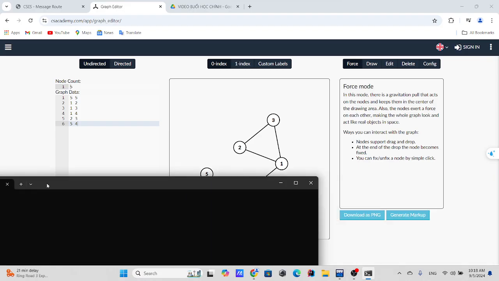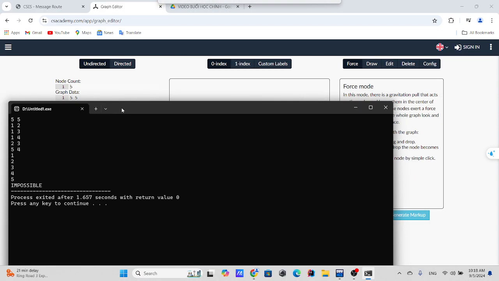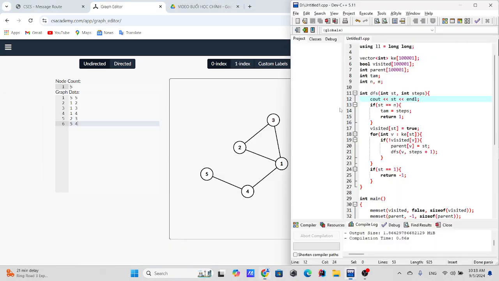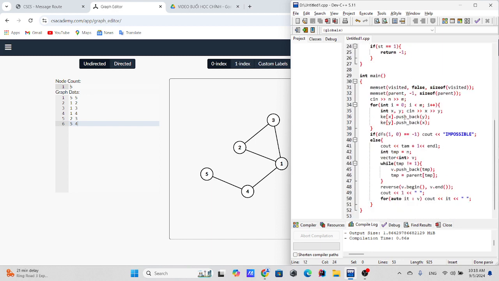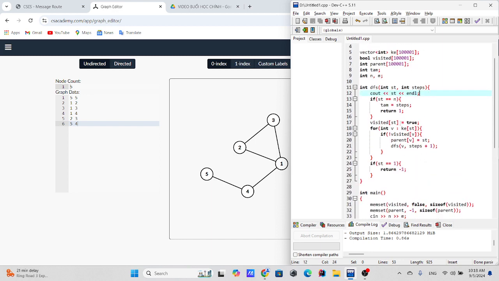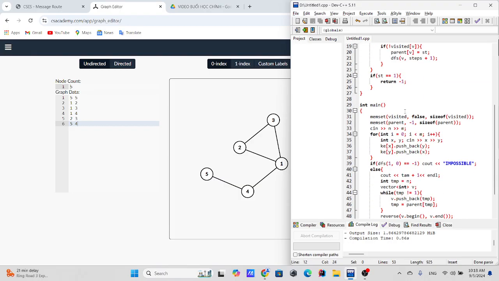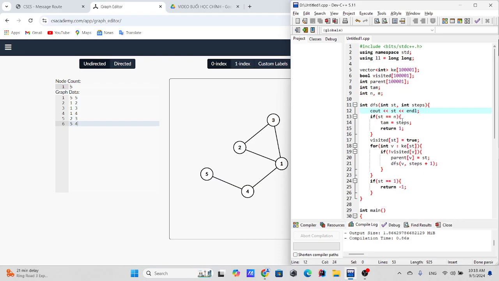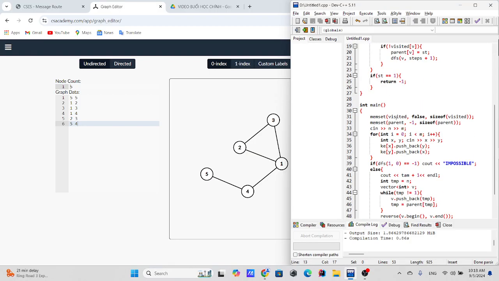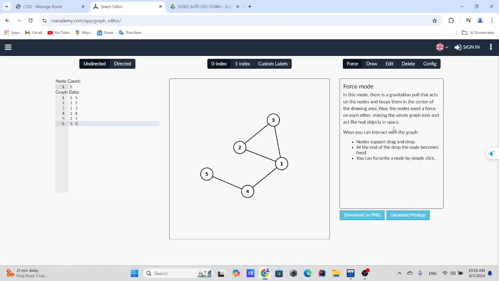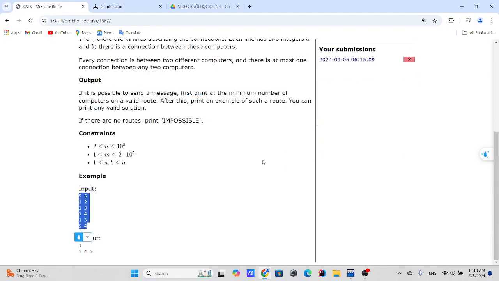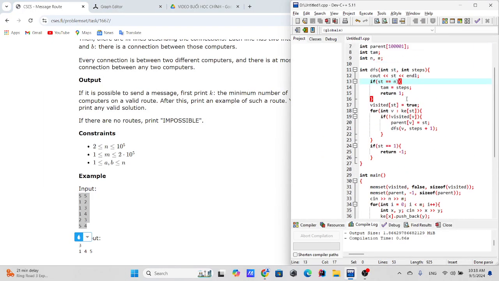One goes to four, goes to five. Yeah, five. ST is equal to N. Five, right? Time is steps.